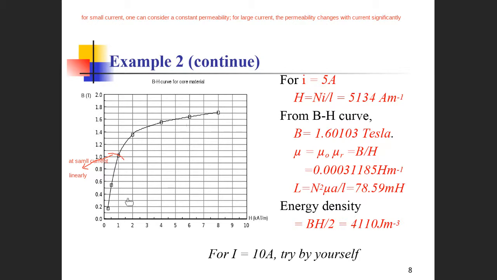For this case, for the current equal to 5 amperes, one can estimate the H value. The H value for the coil, you still remember the coil? It is the toroidal coil.